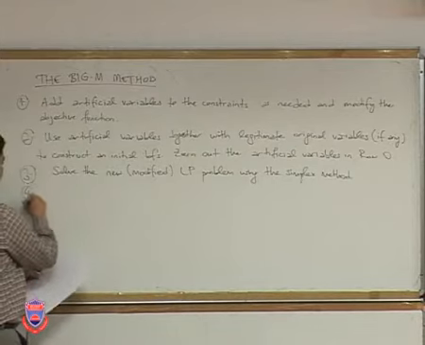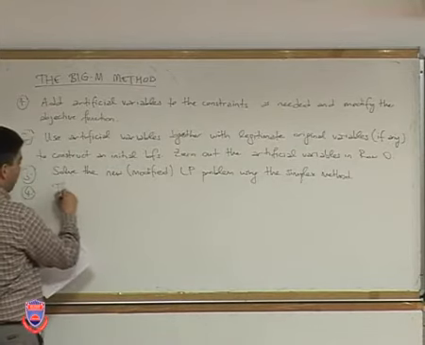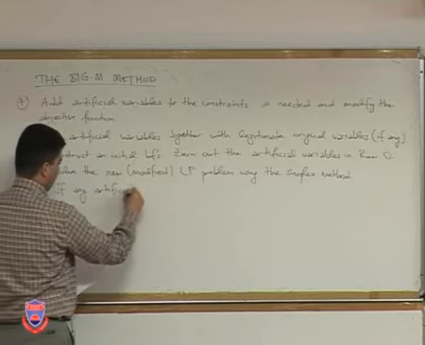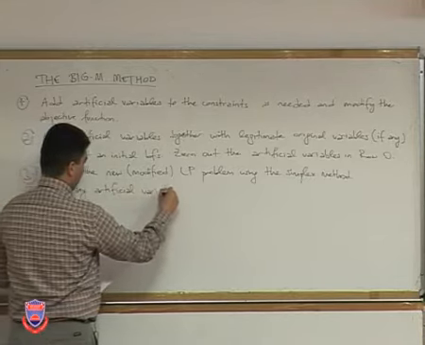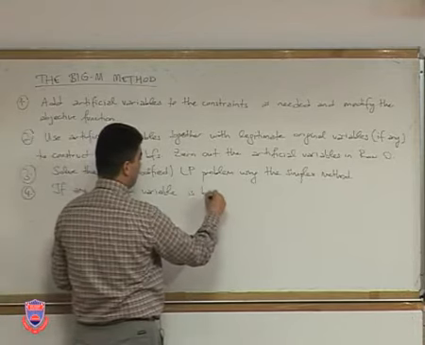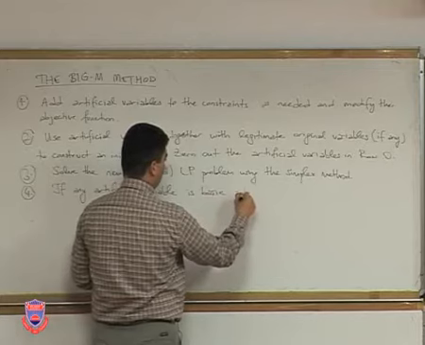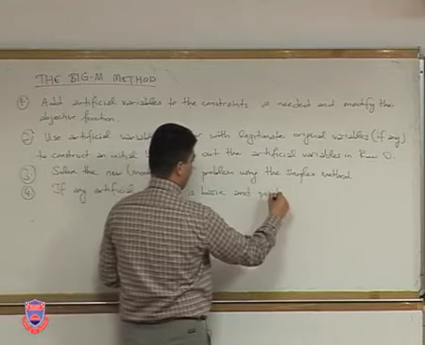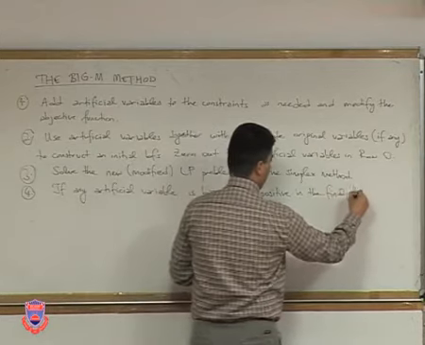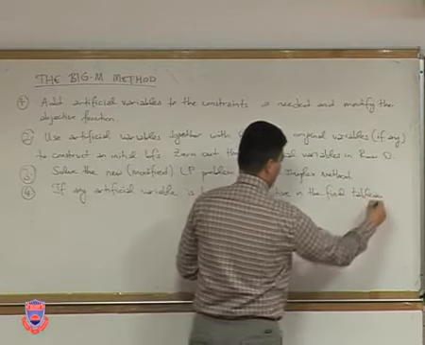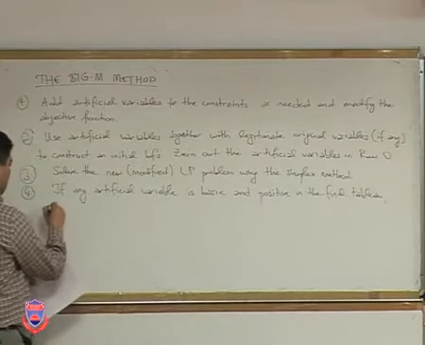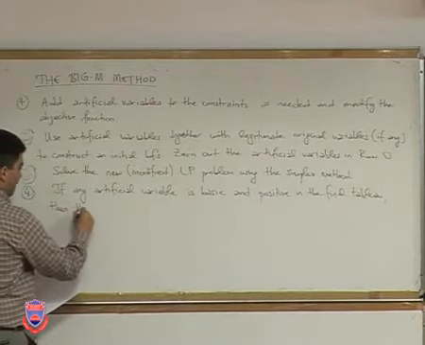And finally, in step number 4, if any artificial variable is basic and positive in the final tableau, and when I say final, I mean the optimal tableau, then the original LP problem is infeasible.